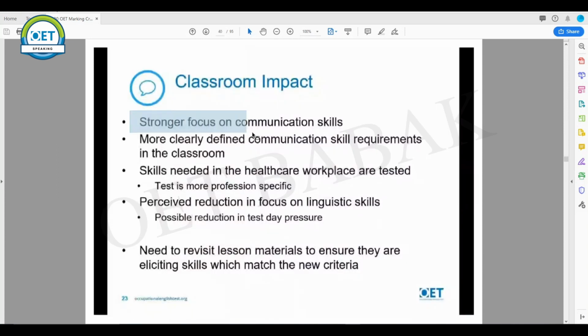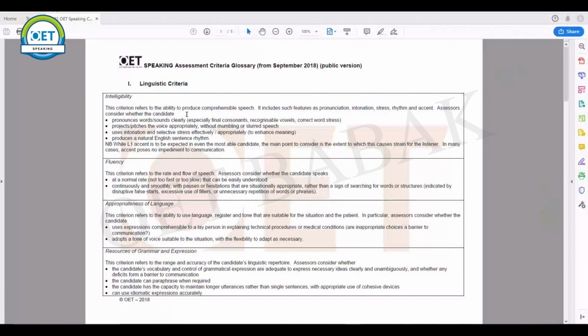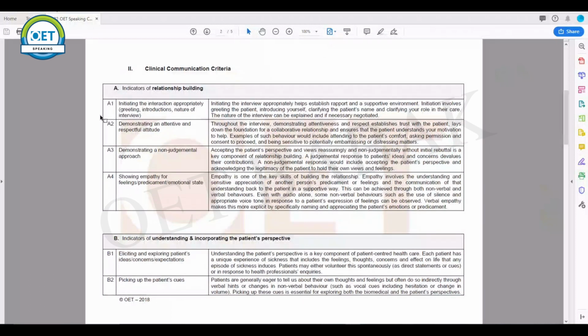So there is a stronger focus on communication skills nowadays, and there are more clearly defined communication skills requirements. What is interesting is the criteria has been explained here, so it actually tells you exactly what you need to do. It gives you a scenario of what you need to play.